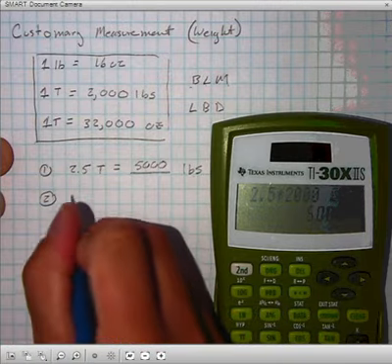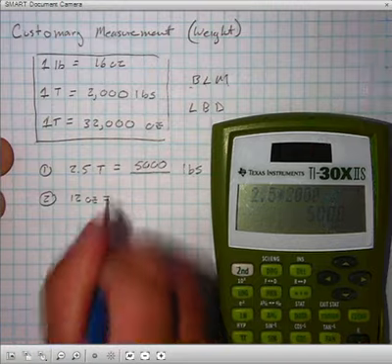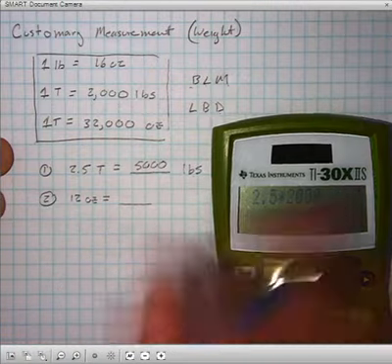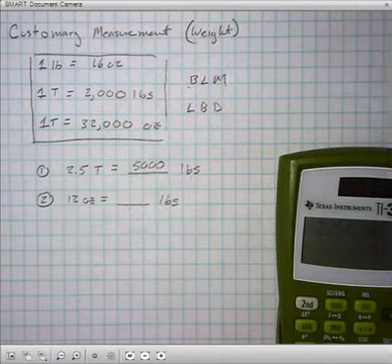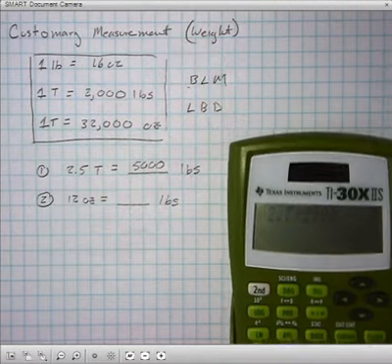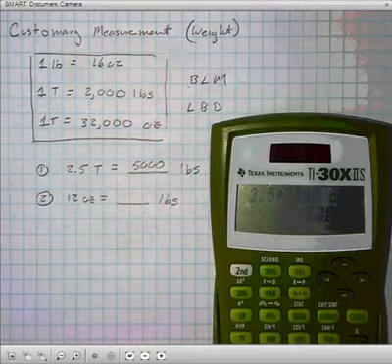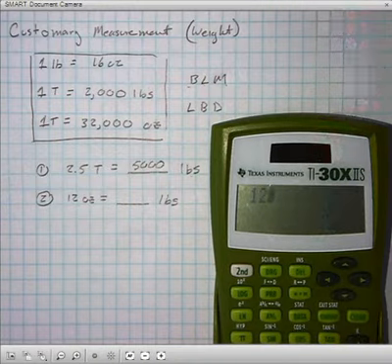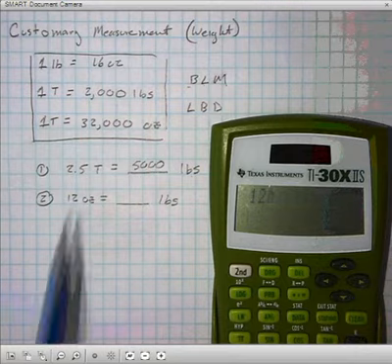Let's look at another example. 12 ounces. Convert that to pounds. So we start with the 12.